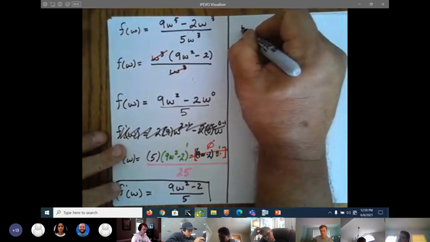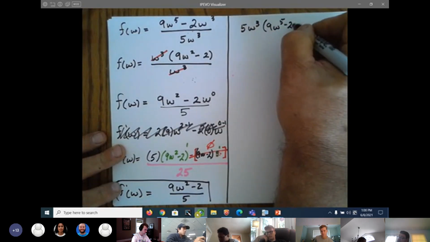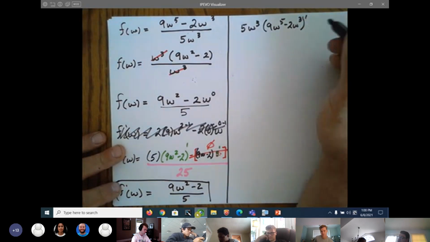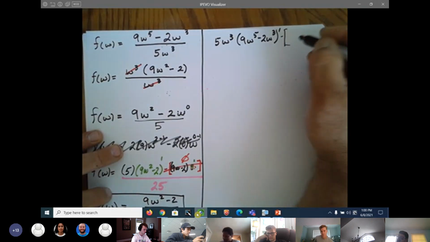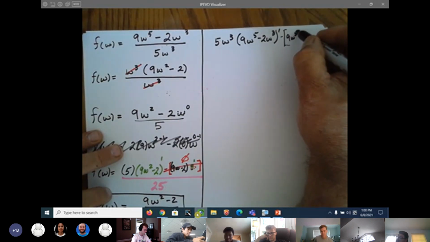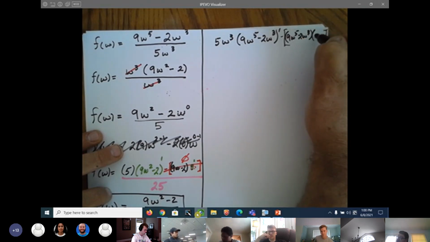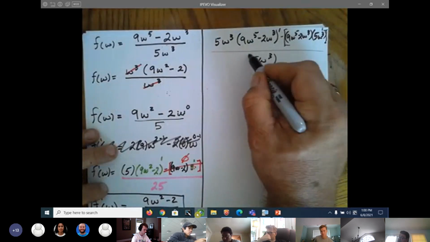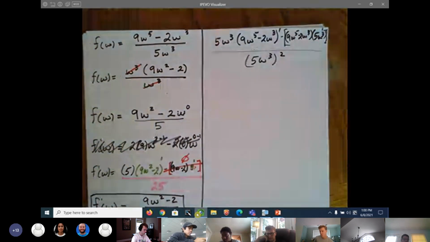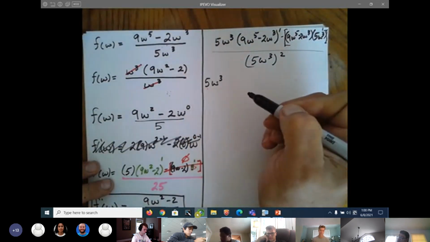First, denominator times numerator prime, 9w to the 5th minus 2w cubed prime, minus brackets 9w to the 5th minus 2w cubed times the 5w third prime, over denominator squared. So that's going to be 5w cubed.